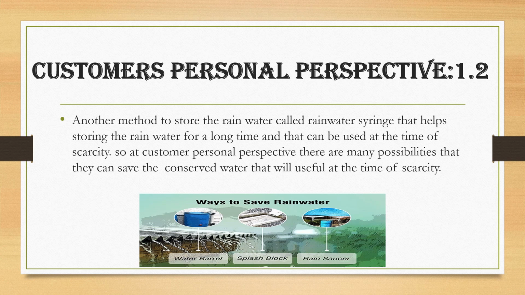These are various techniques to save the rainwater, which can be stored for a long time and used in the summer. So this is what the customer's personal perspective looks like at the time of water scarcity. They need to be very careful and cautious to survive as long as possible with the available water.